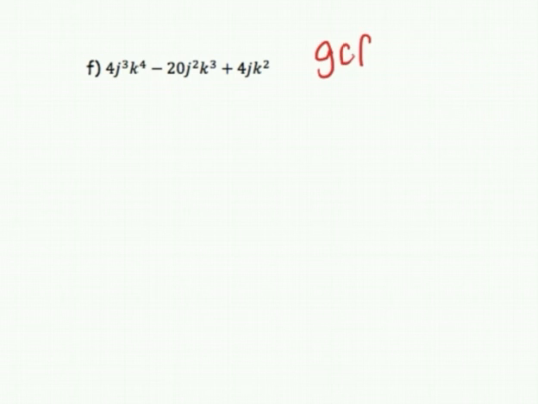Okay, this one looks a little bit more tricky, but still just keep following the rules and you'll be okay. So again, 4, 20, and 4. Greatest common factor there, 4. Okay, the j's, I see a j cubed, a j squared, and a j, so the lowest exponent goes there. The k to the 4, k to the 3, k squared.